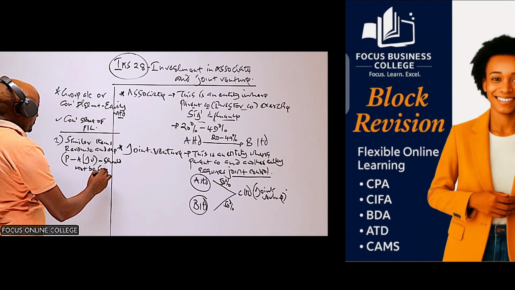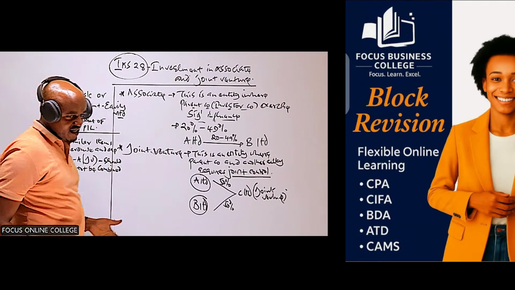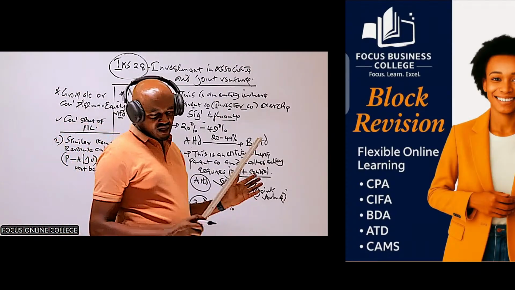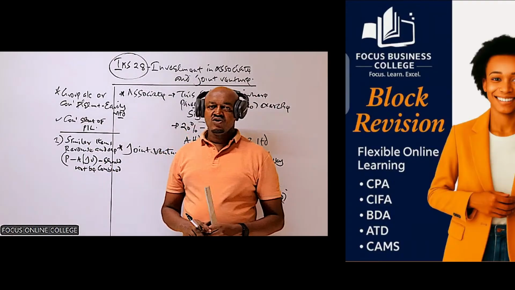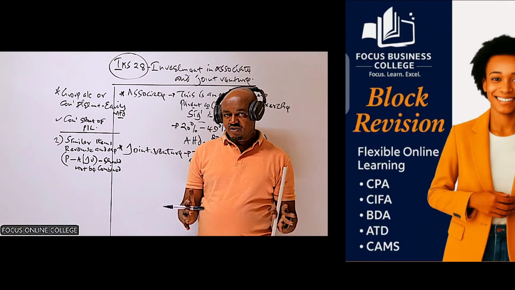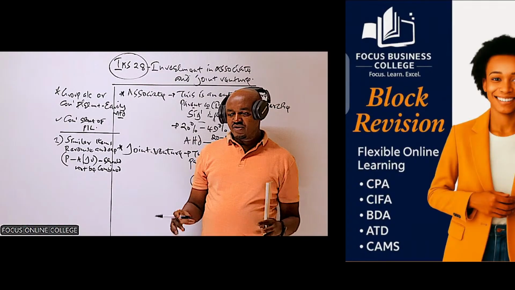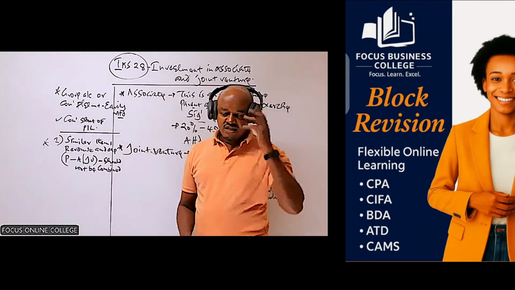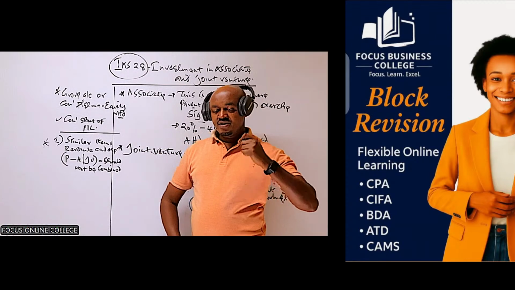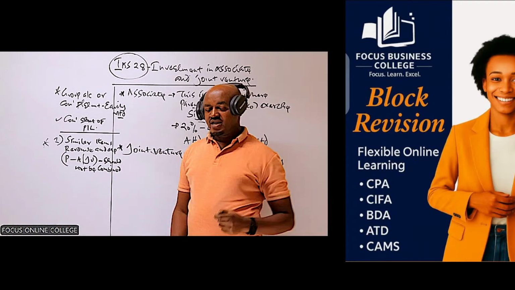So if the parent company has invested in an associate or a joint venture, and you are preparing the consolidated statement of profit or loss, we are saying use the equity method. And according to the equity method, we are saying don't consolidate similar items of revenue and expenses, those of the parent and those of the joint venture.